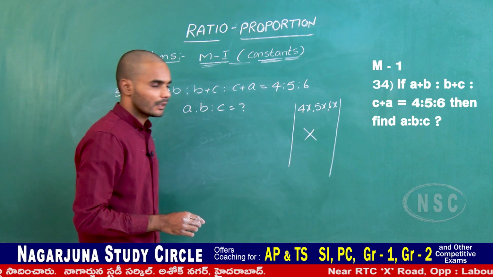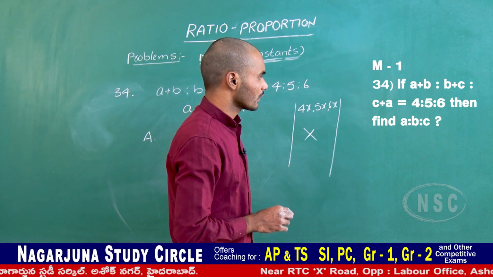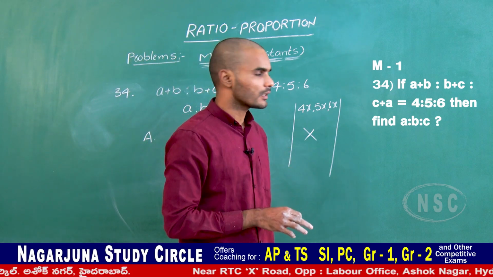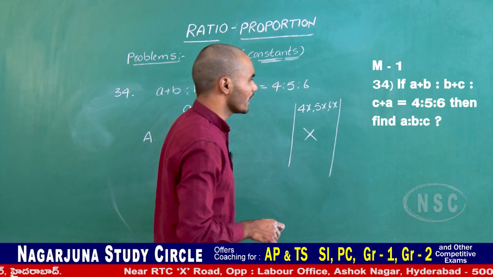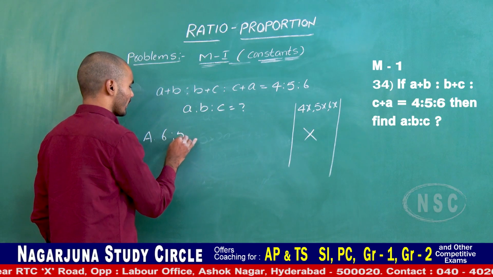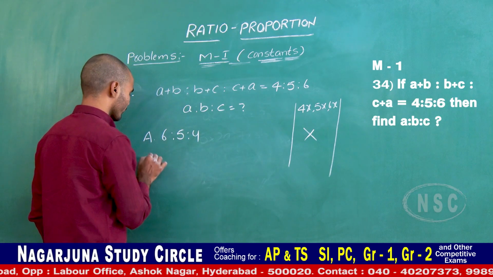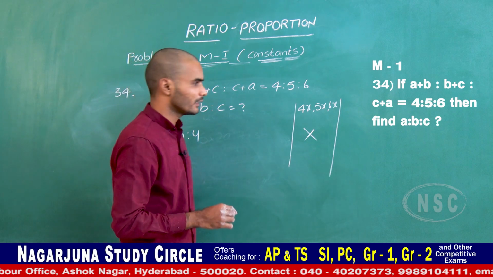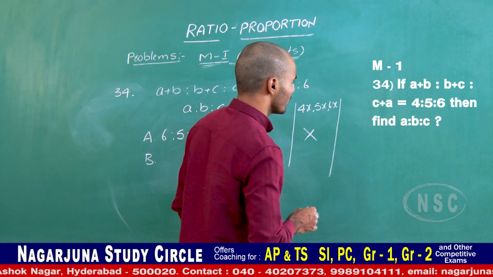Option A. The given question data is the same and the options are 6:5:4.